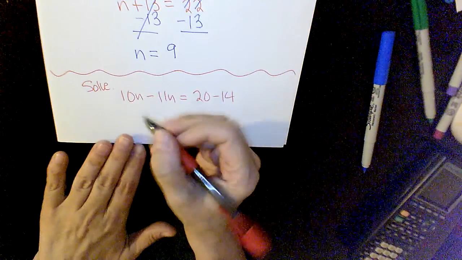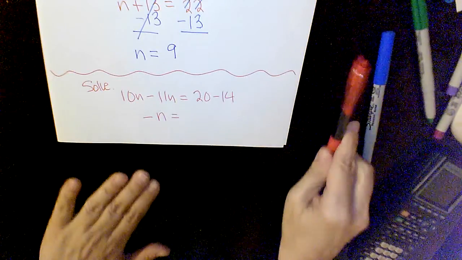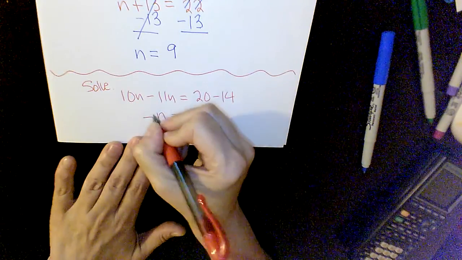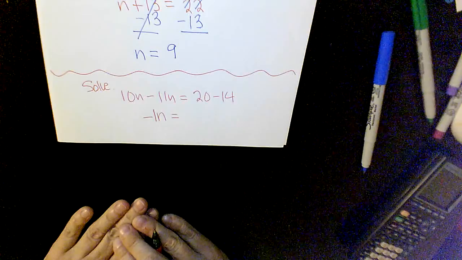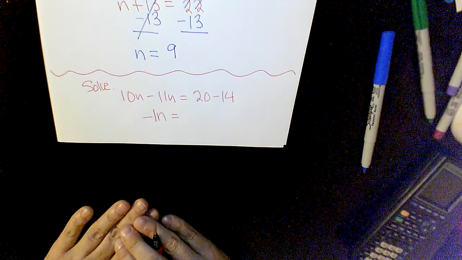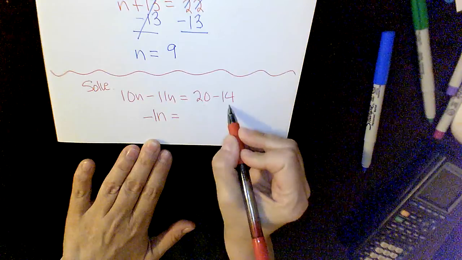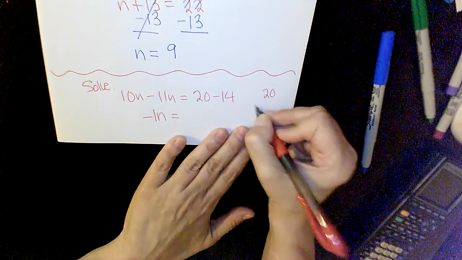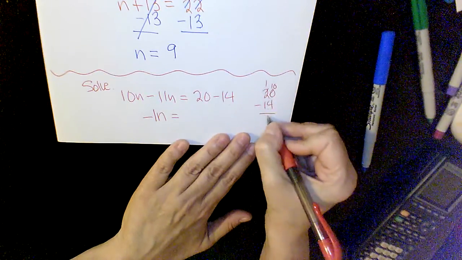So this is going to give me negative 1n or negative n. I'm going to put the 1 in this time because it'll help me a little bit. So what's 20 minus 14 on the right side? 20 minus 14 is just 6.